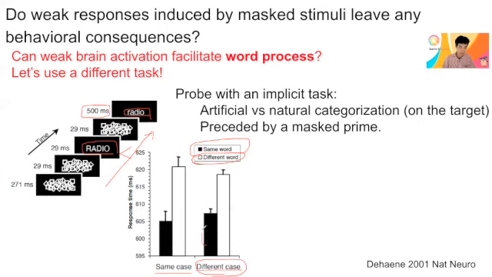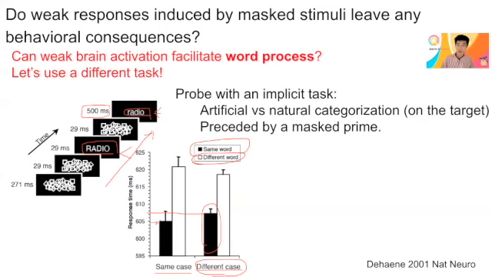Roughly speaking, the subject was responding in 608 milliseconds to say that it was artificial, okay? And if it was actually the same case, radio written in a capital letter, then it was slightly faster. That's the black one.